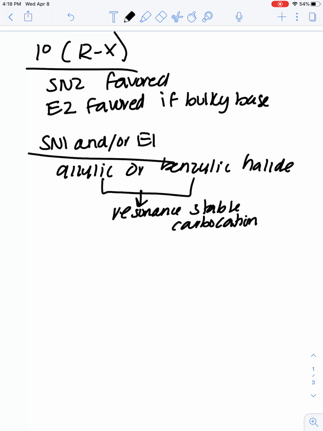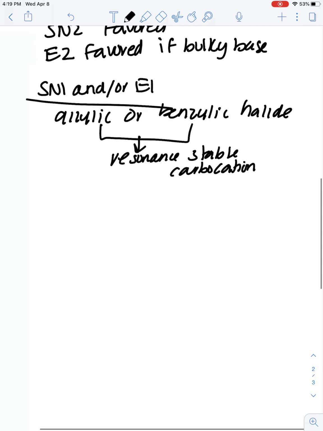So remember, after the first step, the carbocation intermediate is what is formed. So if we can stabilize that carbocation by resonance, and we have a weak base or weak nucleophile, it will proceed via an SN1 E1 reaction.